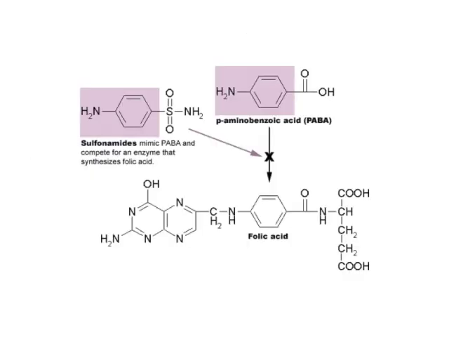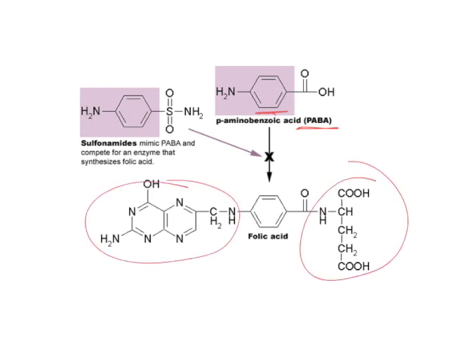In the synthesis of folic acid, a molecule called PABA, which has this 6-carbon ring here in the middle, gets converted to folic acid by the addition of a couple of side chains that we see over here. The way sulfonamides work is that they share this 6-carbon ring with PABA, and they also have this nitrogenous side group.